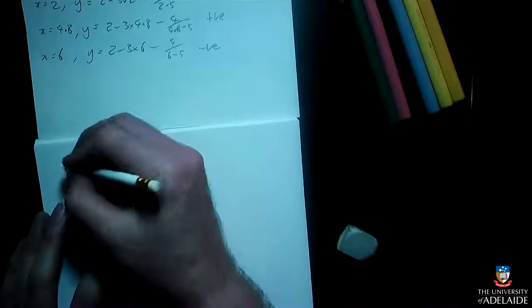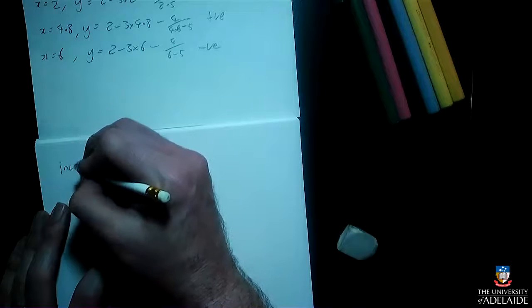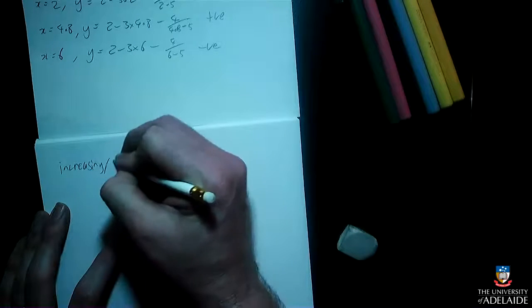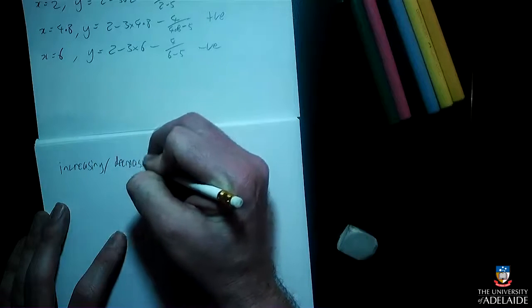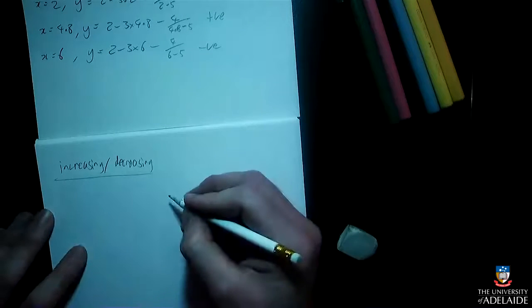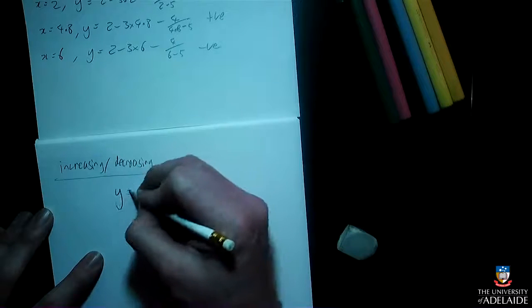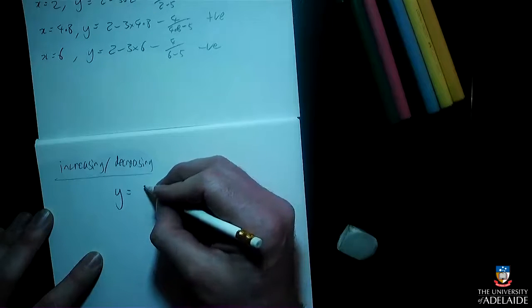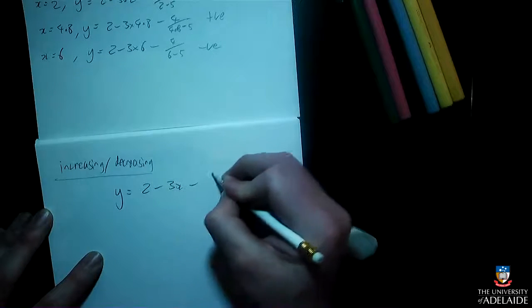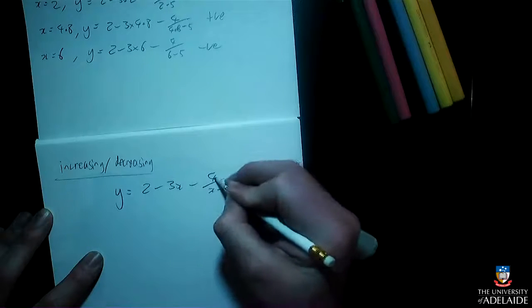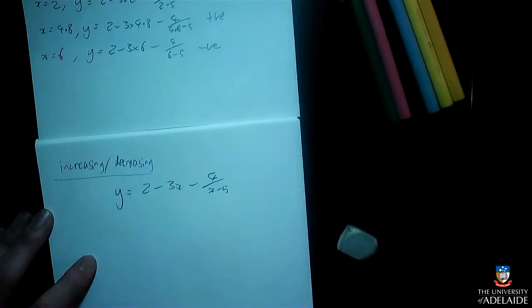Okay, so now let's do the increasing and decreasing. y was equal to this to begin with, 2 minus 3x minus 4 over x take 5. And I want to differentiate that to figure out where it's increasing and decreasing.